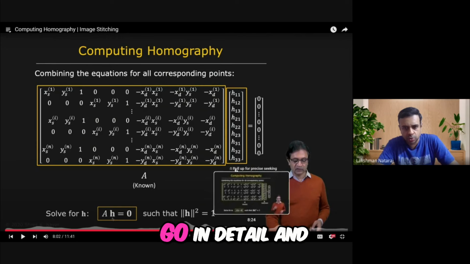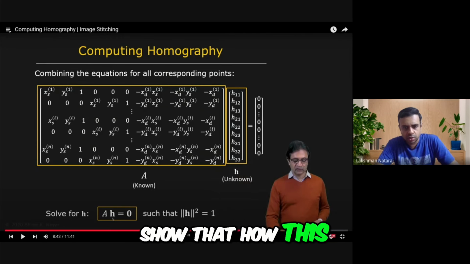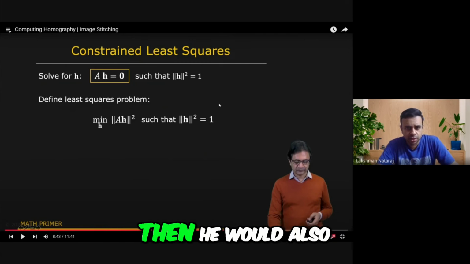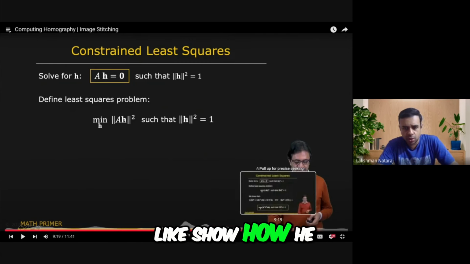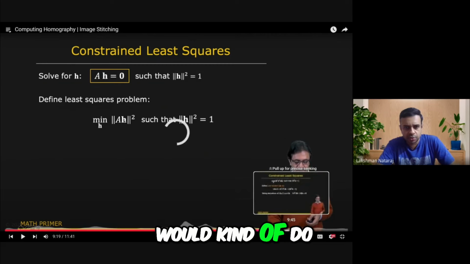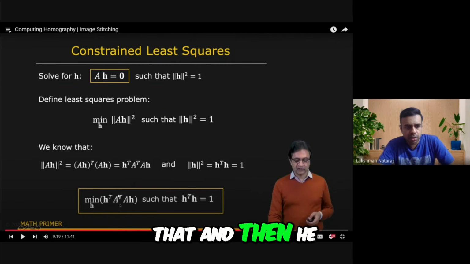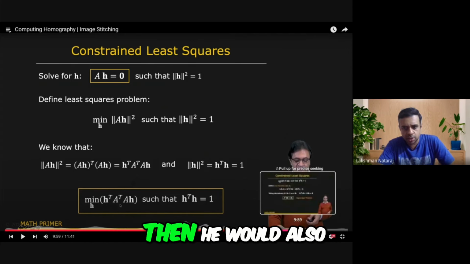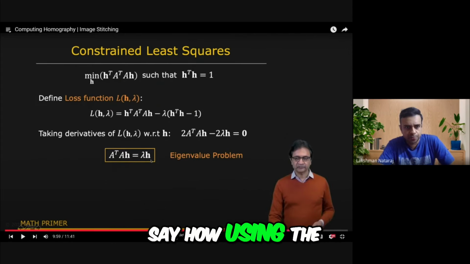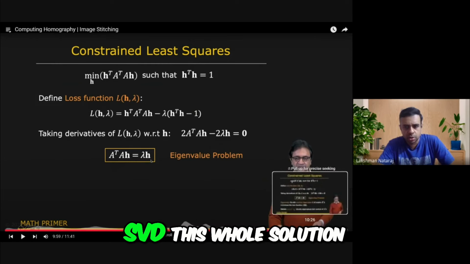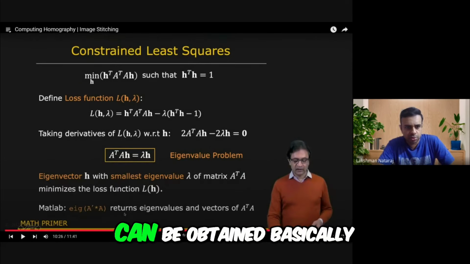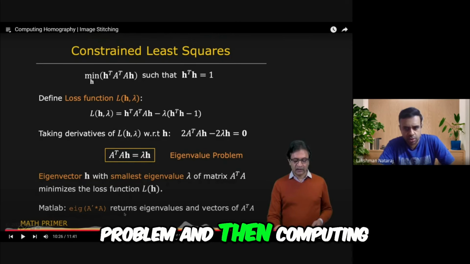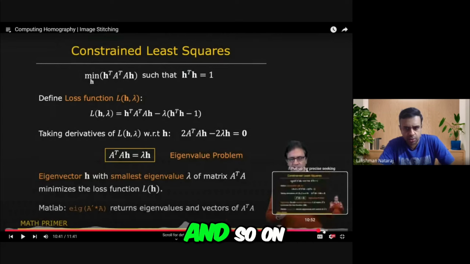He would go into detail and show how this can be posed as a constrained least squares problem, then show the minimization equation here, and then say how using the SVD this whole solution can be obtained. Basically, putting this as an eigenvalue problem, and then computing the SVD, and so on.